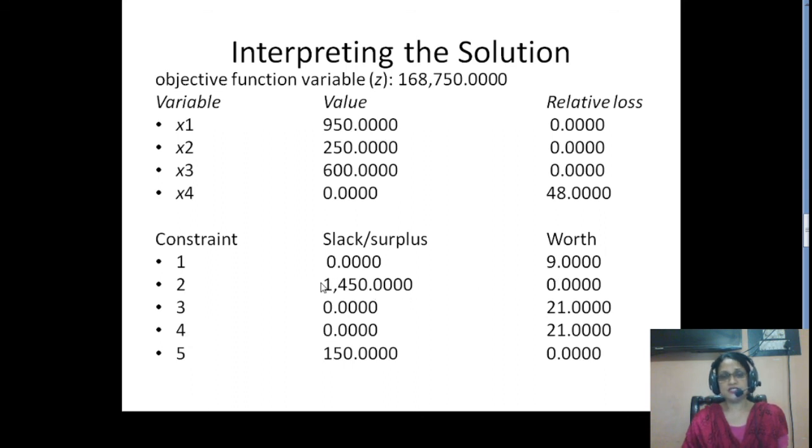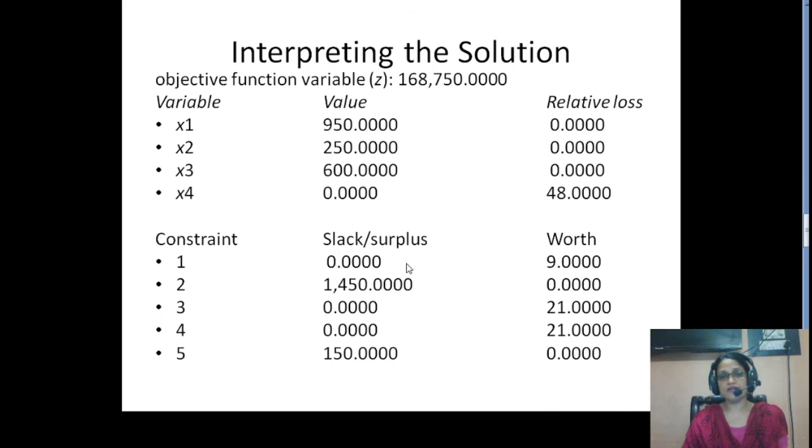Since the assembly line time is already in surplus, we already have slack. That is why the worth is 0. This is already in abundance, so you are not supposed to buy. These three are in limited quantity, so they are limiting factors. So we have to buy them if we want to increase our production.